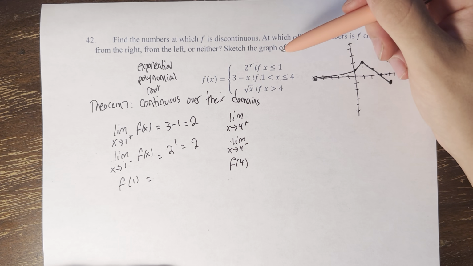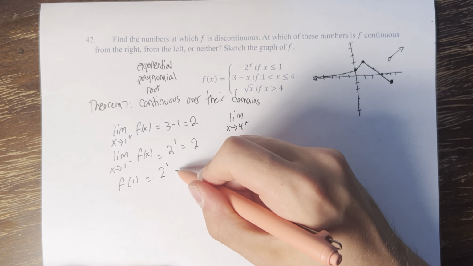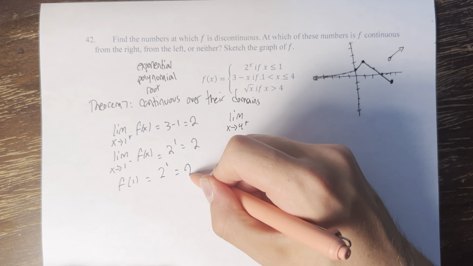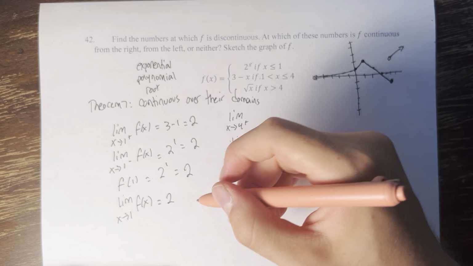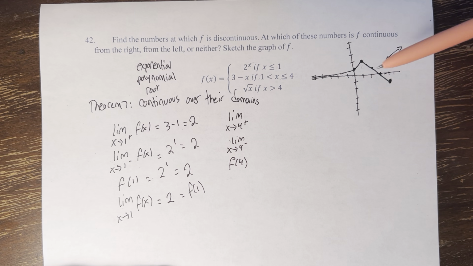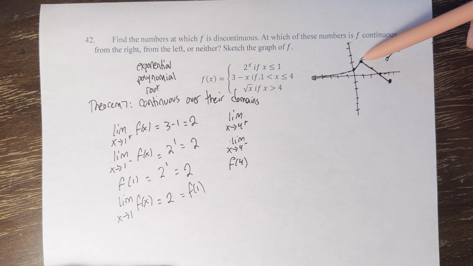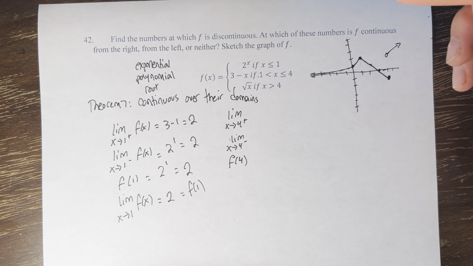And f of 1, the function is equal to 1. We're using 2 to the x, so that's also 2 to the 1, which is 2. And therefore, the limit as x approaches 1 of the function is equal to 2, since that's what the left and right are equal to. And this is equal to f of 1 itself, and therefore the function is continuous at 1, which is what we'd expect because we can see our exponential and our line meeting at the same point, so the function is continuous.